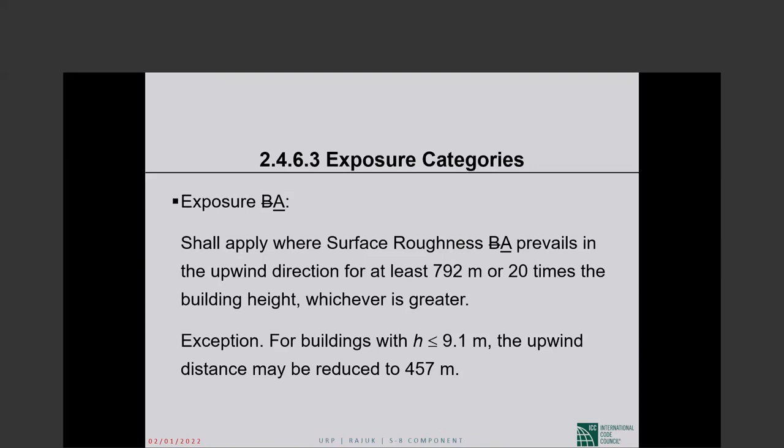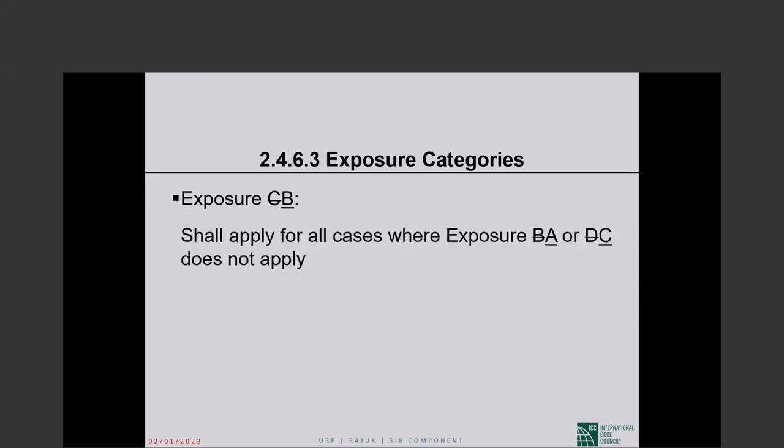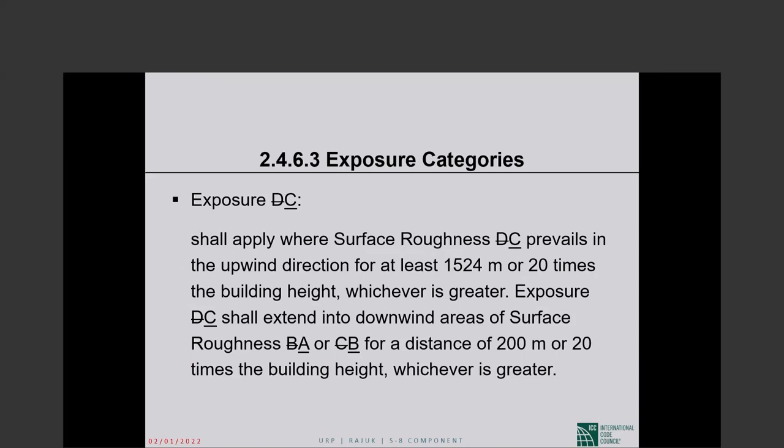But the point is that exposure category is defined in terms of roughness category and the upwind distance over which that roughness category has to prevail. Exposure B is anything that is not exposure A or C. Exposure B is defined by default. That's the default exposure category, very important.